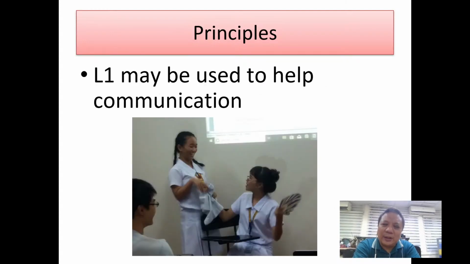Okay. Now, another important principle of communicative language teaching is that the first language may be used to help communication. You see, class, in behaviorism, the use of the first language is a no-no because when you do that, you are employing your old skills, but we need the new skills of the new language.